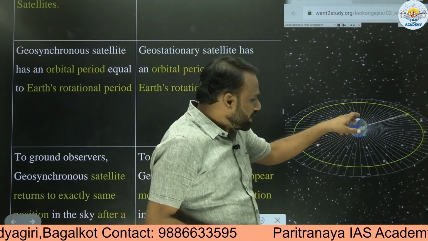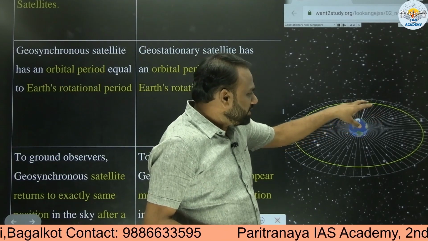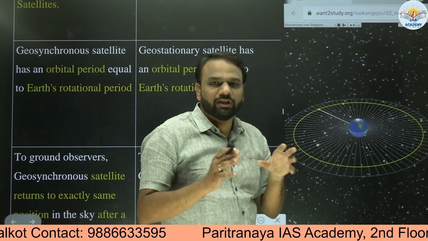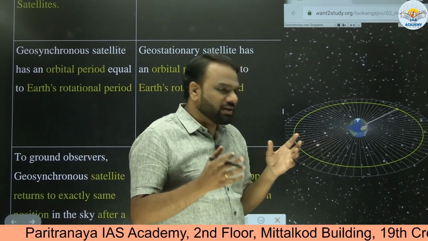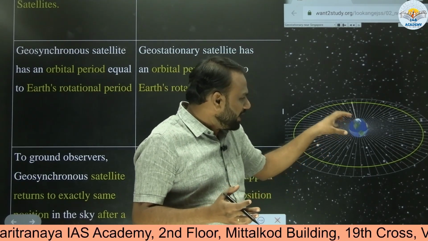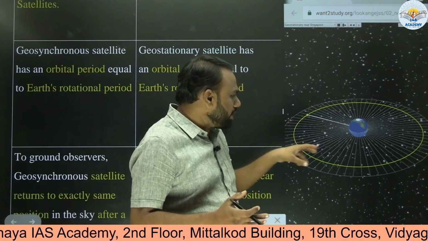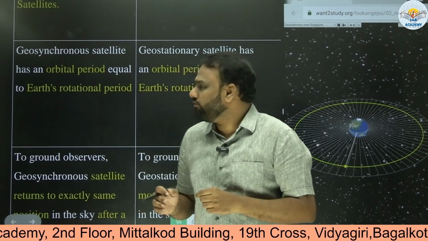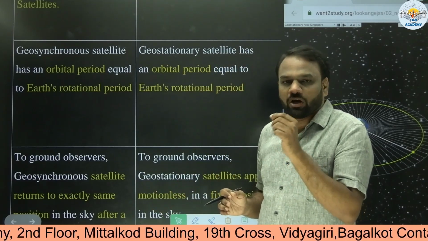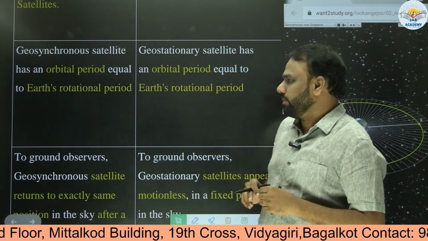Earth's rotation period as well as this satellite's orbital period are both the same. But this may not be the case with all satellites. Satellites placed in other orbits may have a different orbital period. Here, both are equal, which is an important property of geosynchronous and geostationary orbits.